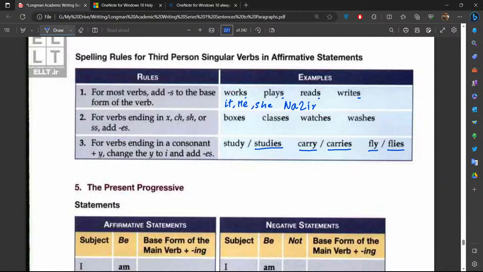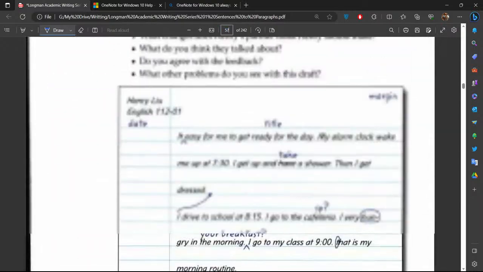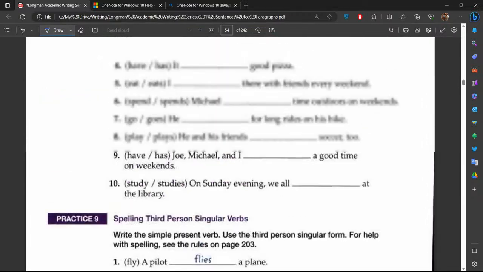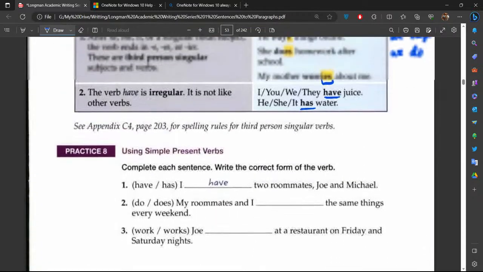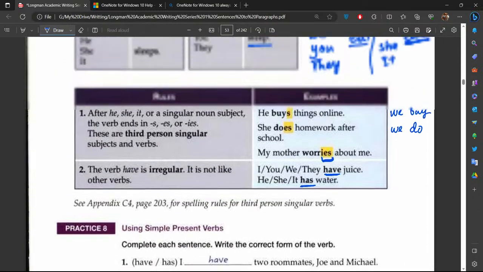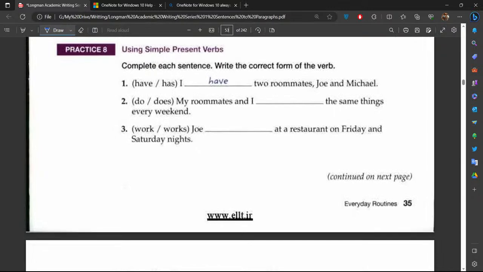That was, I think, 59. I think we have gone too far ahead. Okay, so we were here. We did all this. Now let's do the practice.